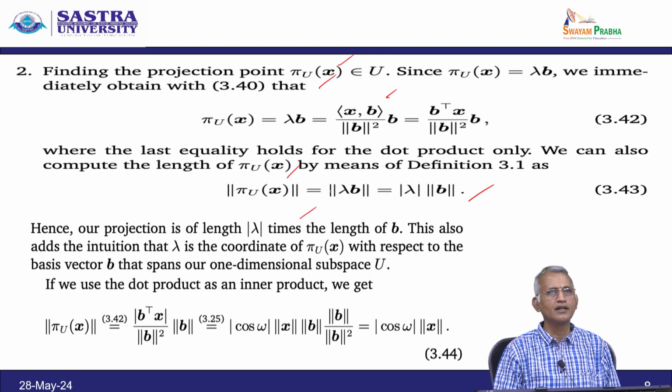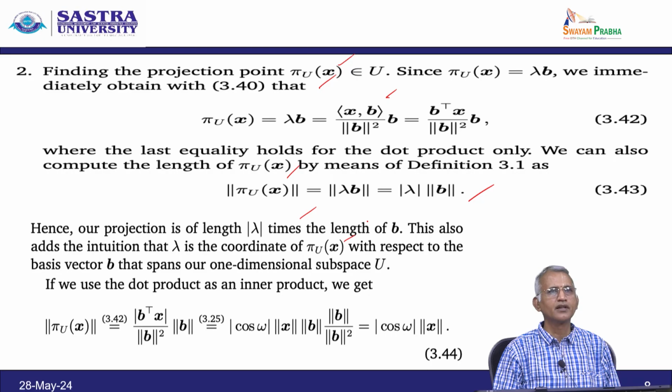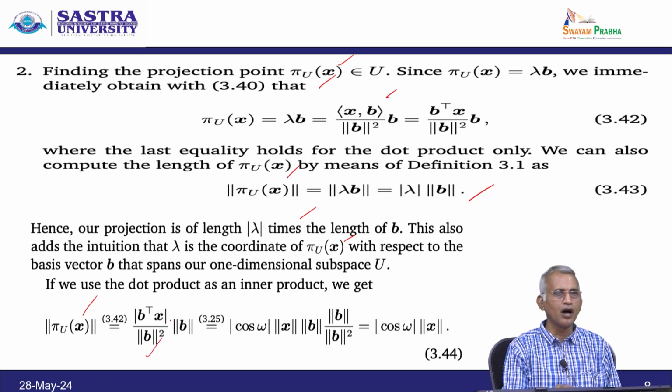This also adds the intuition that lambda is the coordinate of pi u of x with respect to the basis vector b that spans our one-dimensional subspace U. So, if we use the dot product as the inner product, the norm of pi u of x, taking into account 3.42, is equivalent to the modulus of b transpose x divided by norm b squared, times the norm of b.